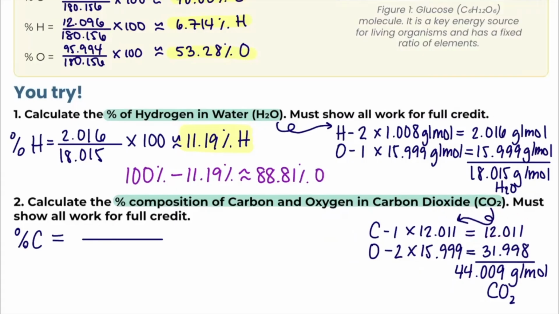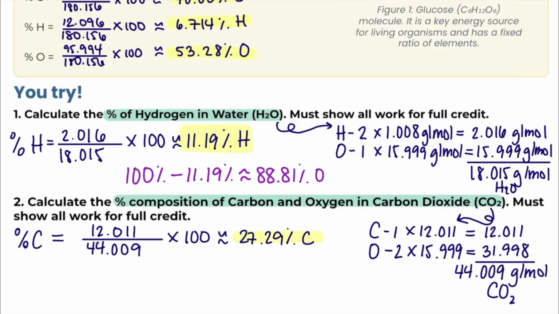So when you add the mass of carbon to the number of oxygens multiplied by 2, right? So it's 2 times 15.999, adding that to 12.011, you end up getting 44.009 grams per mole. Divide, multiply by 100, and you should get about 27.29% carbon by mass.